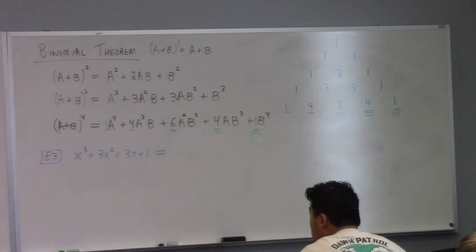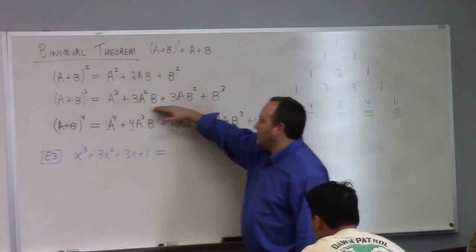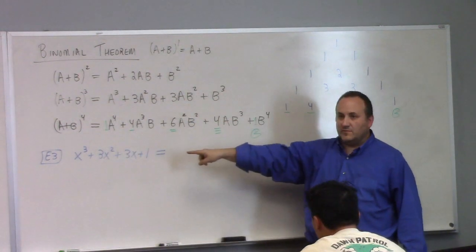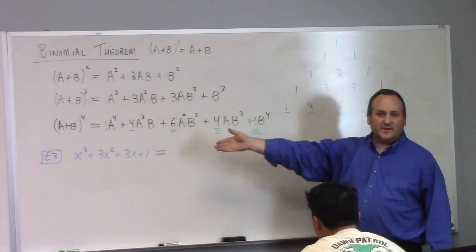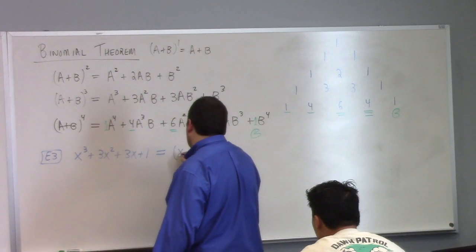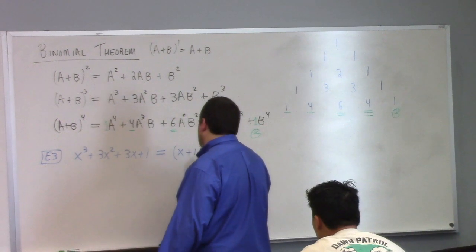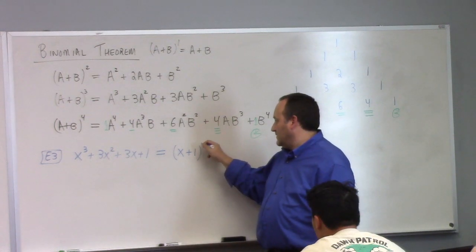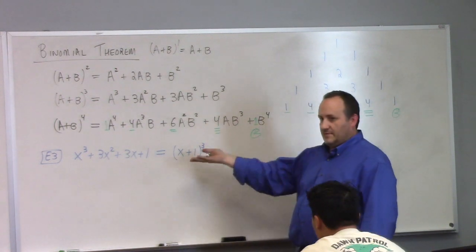Unless I have this right here on my mind. Unless I can recognize those as binomial coefficients and go, oh, that's just x plus 1 cubed. Plus 1, to the third power, right? That's just that.